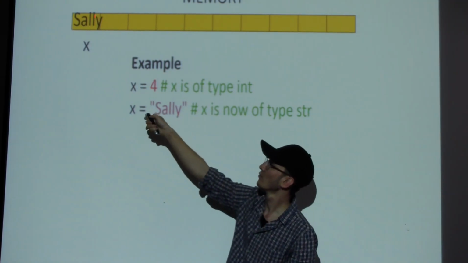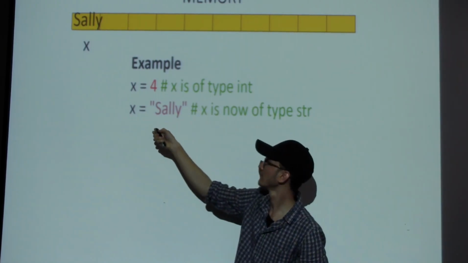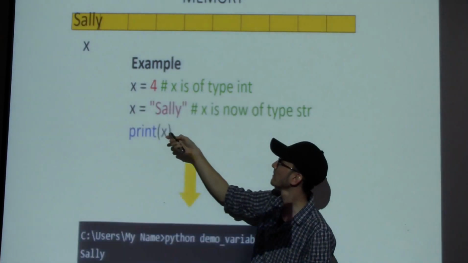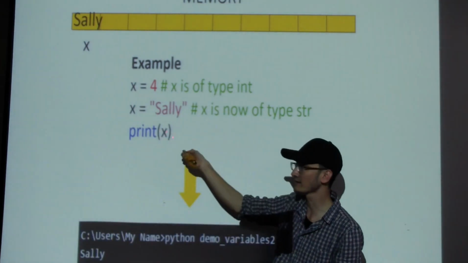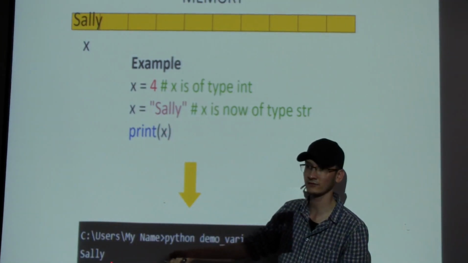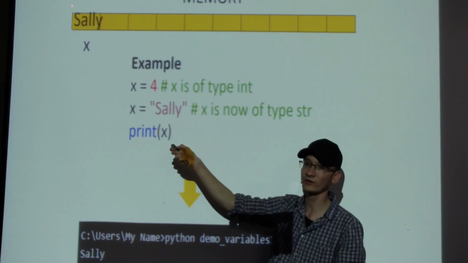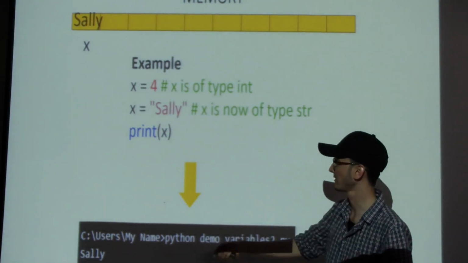Now the 4 will be deleted, and Sally goes here. You see? If we print now x, we will have the Sally answer, because in the memory now we don't have 4. It's changed to Sally.